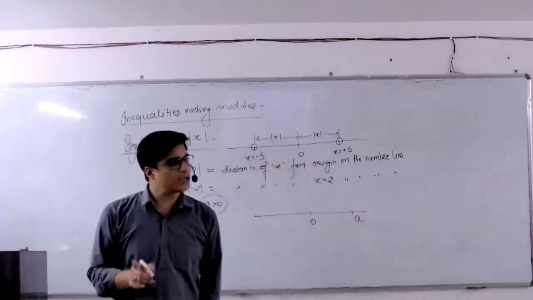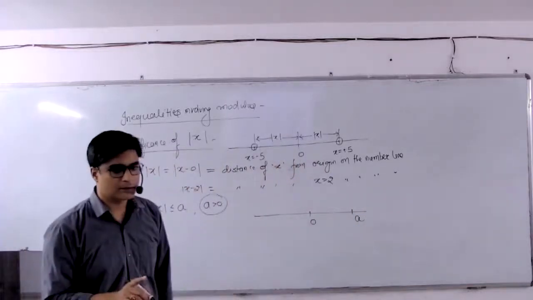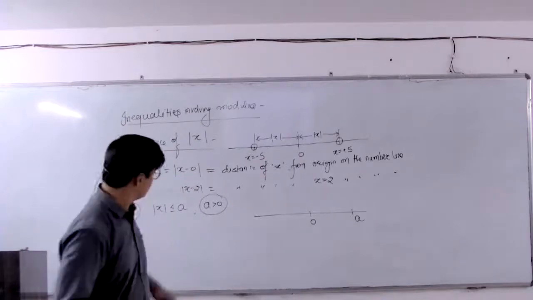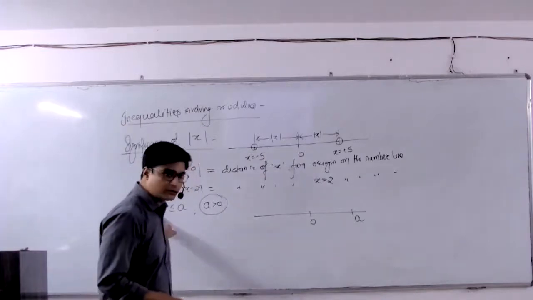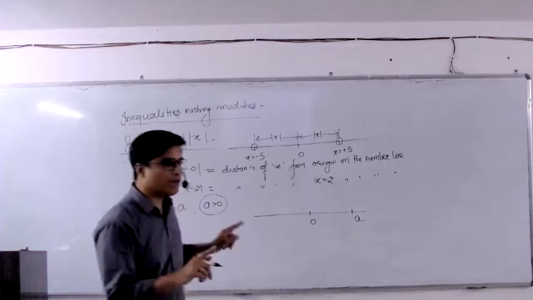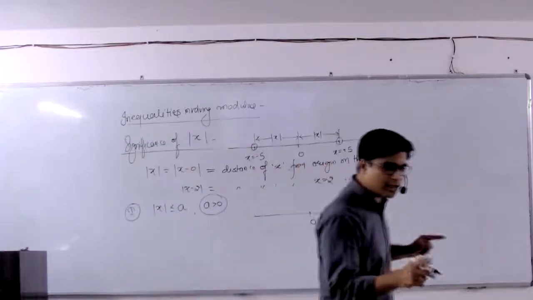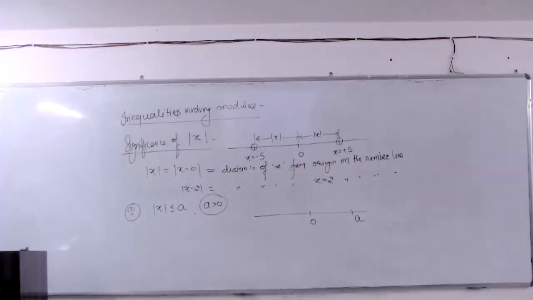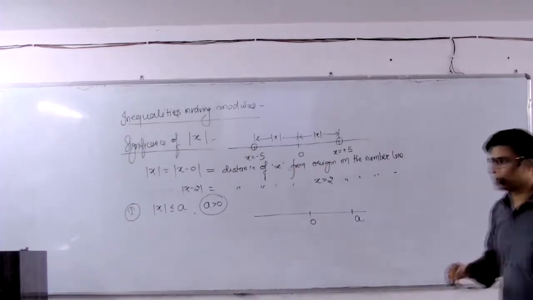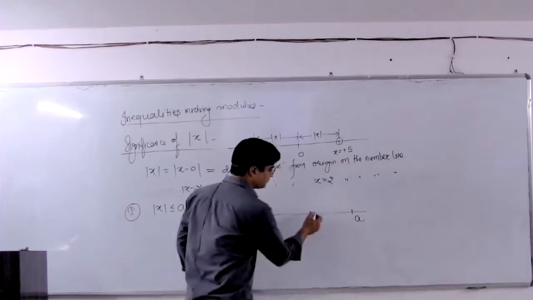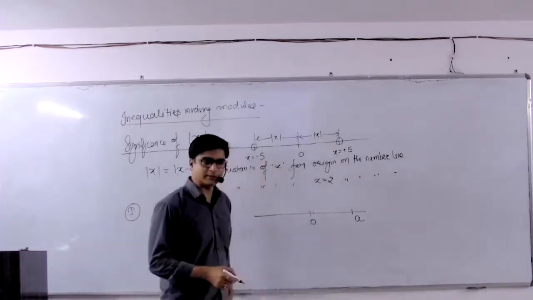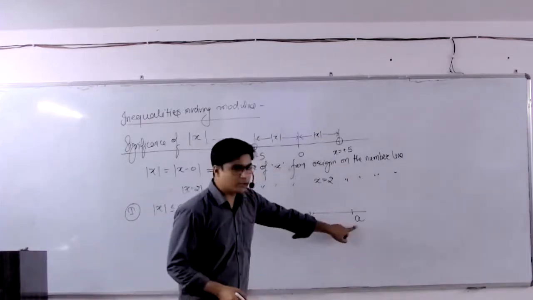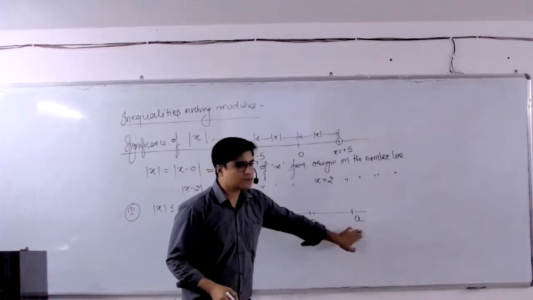Now mod of x, what do we mean by that? The distance of this x, which is variable here now. X can vary. We have to choose x in such a way that its distance from origin is lesser than a unit. So if I choose x somewhere here, it is acceptable because a unit is this much.